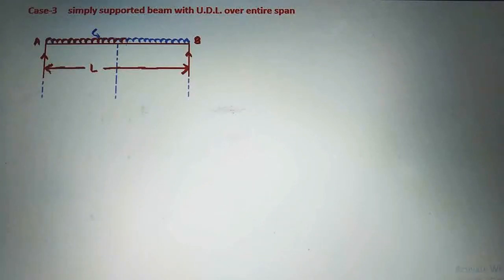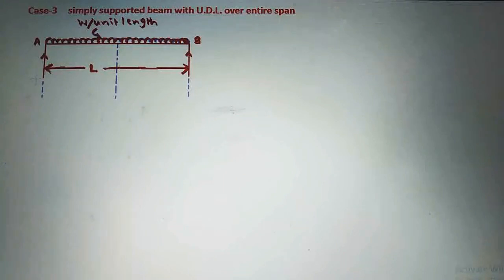So we will draw the U.D.L over the entire span of this beam, and that span is capital L. We will write here this U.D.L is W per unit length. So W per unit length is the U.D.L which is acting over the entire span of this simply supported beam.